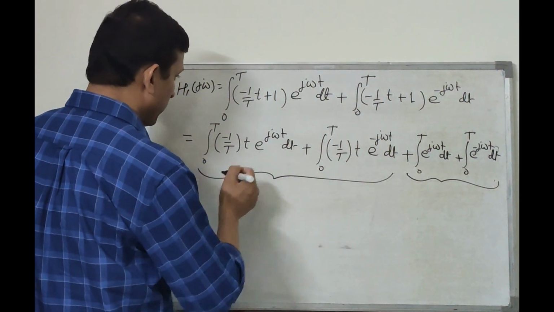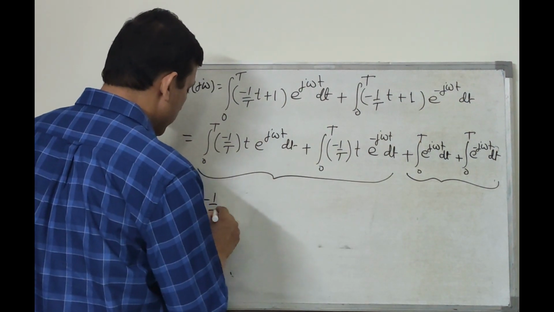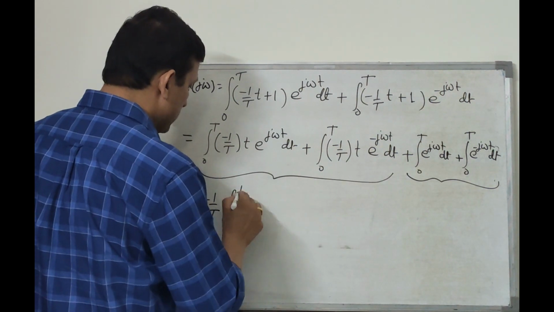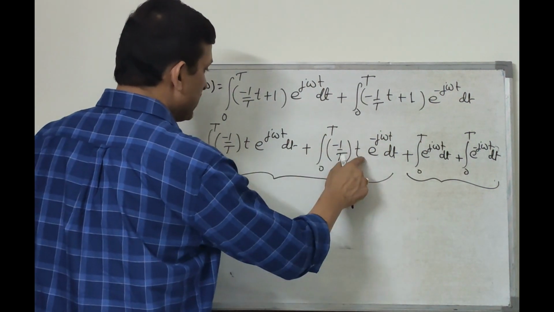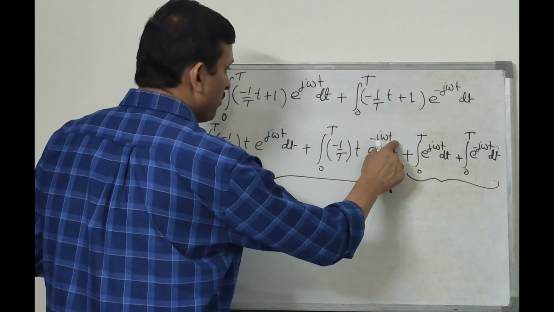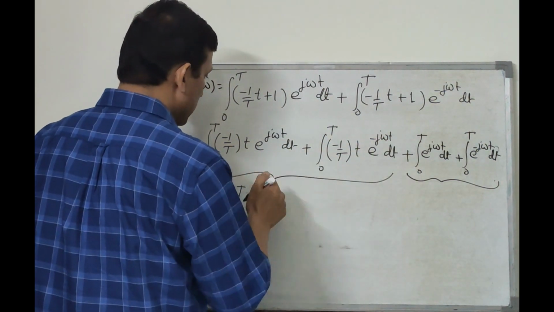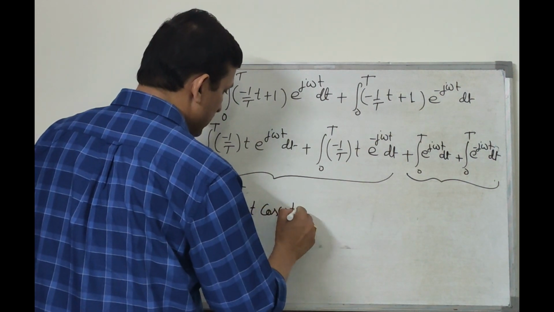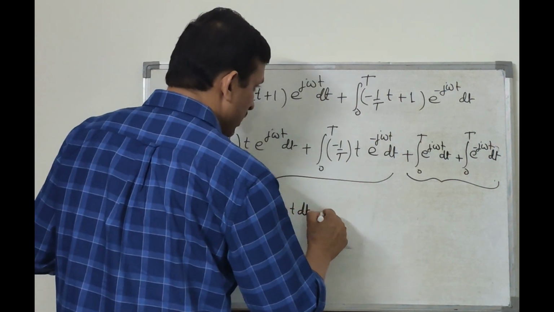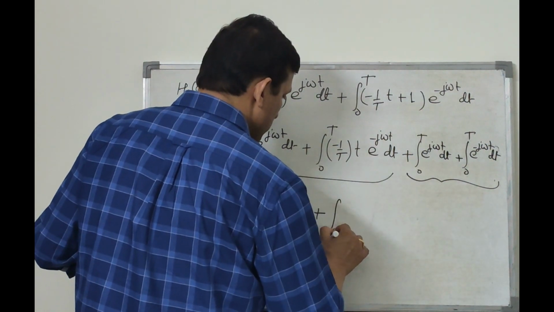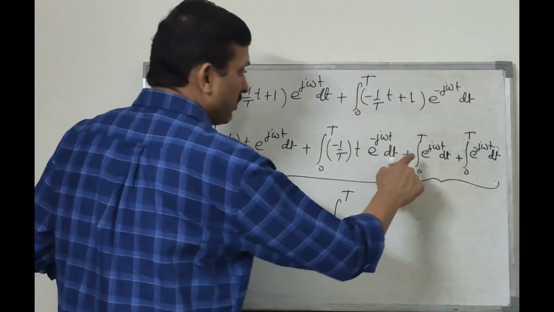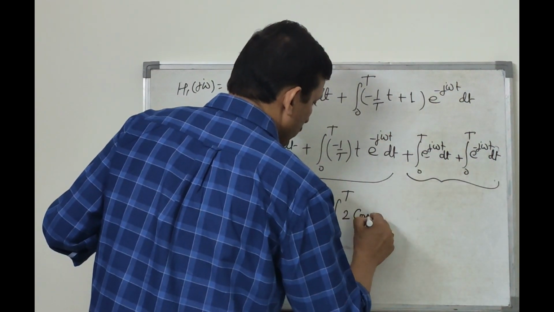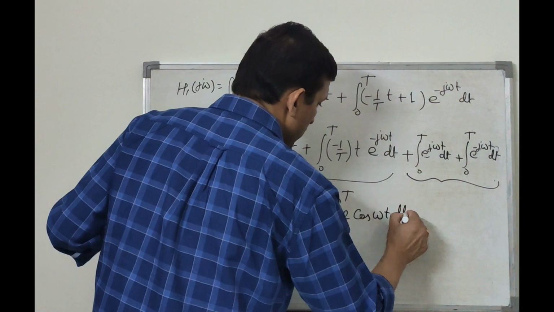This will be minus 1 upon T, which we can take outside, and the integral from 0 to T of t times (e to the power j omega t plus e to the power minus j omega t), which gives 2t cos omega t dt. And the other integral from 0 to T gives 2 cos omega t dt.